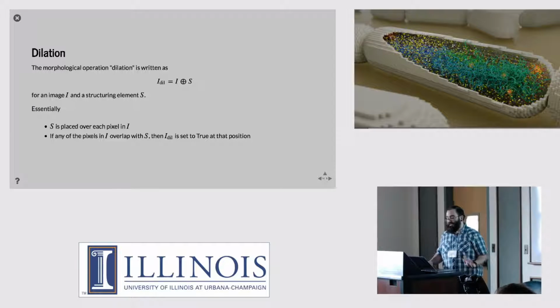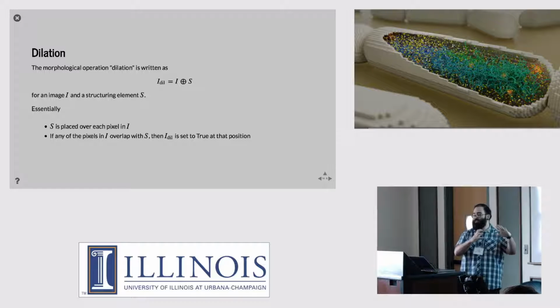But really all it means is we take that structuring element, that cross we started with, trace it over the image, and if any of the terms in the structuring element which are set to 1 touch any part of the binary image which is set to 1, the output image has 1 set at the center of that pixel. So what you end up with is if you have a structuring element that was just a single pixel, you get the same thing out. If you have a structuring element that has the next nearest or first nearest neighbors, whenever it's just 1 pixel away from the region, the true region in the image, you'll get an extra pixel there.